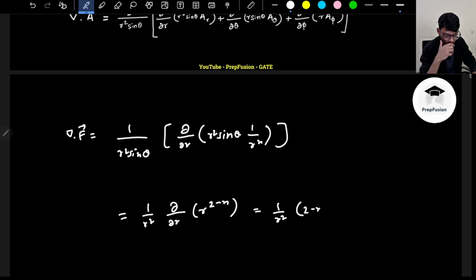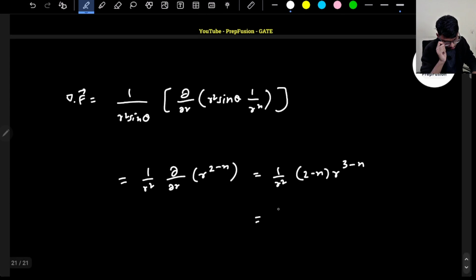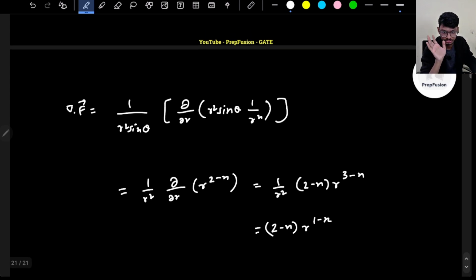One power reduces. Ultimately this value comes out to be 2 minus n into r raised to power 1 minus n. Am I correct?